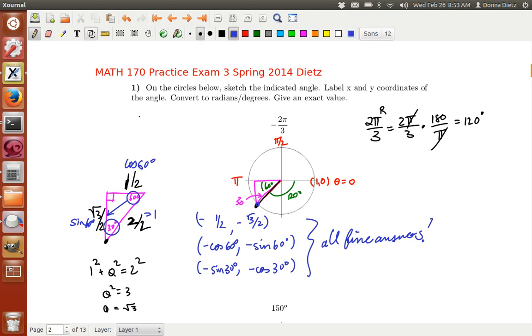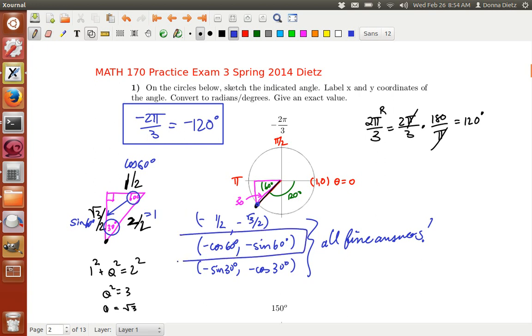So we can say negative 2 pi over 3 is equal to negative 120 degrees. Otherwise, we haven't officially answered the question as asked. Okay, there we answered that question, and any one of these answers is perfectly fine. I think this is the one I put on the answer key. But all 3 of those are perfectly fine answers for the second question, and I did label them.